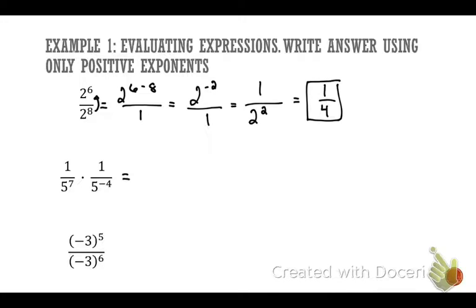Look at this next one. I just want you guys to look at it, kind of study it for a minute. Before we say anything else, I just want you to look at this next expression. I want you to think what you would do first. What would you do first? All right, just take a minute to look at it. Anybody want to tell me what would you do first?